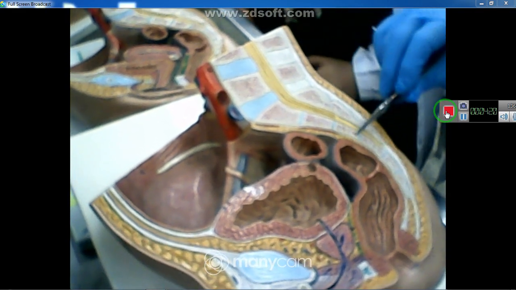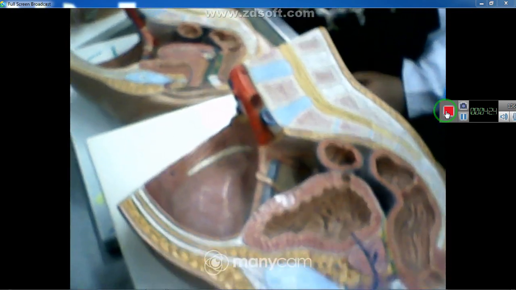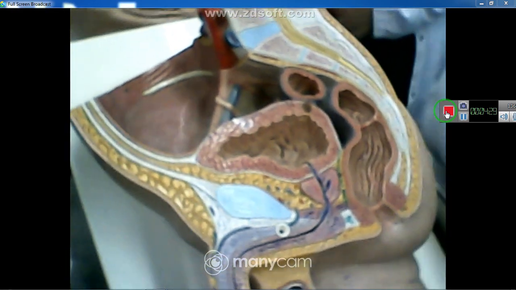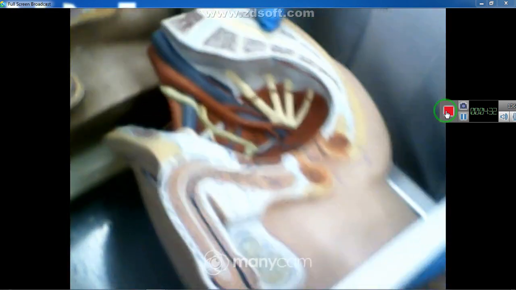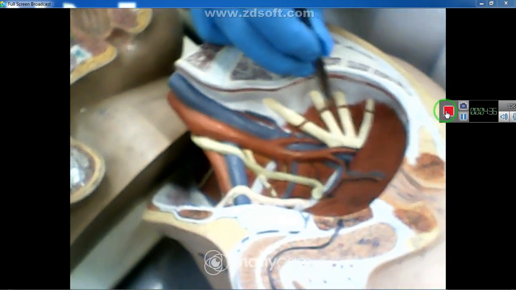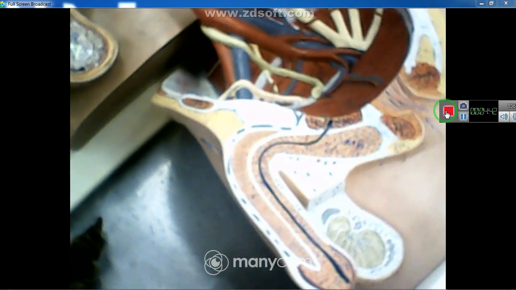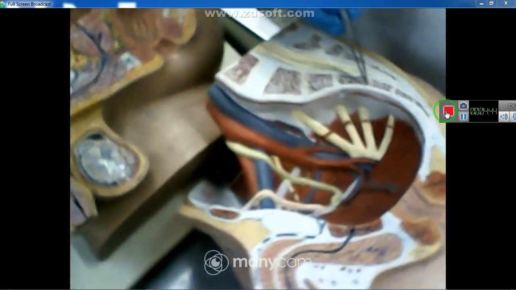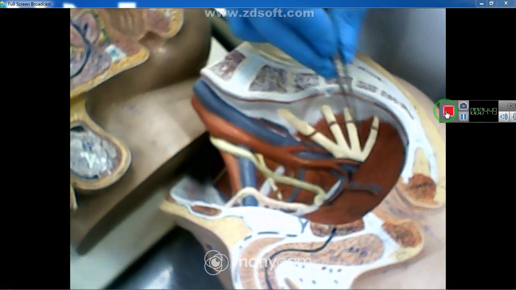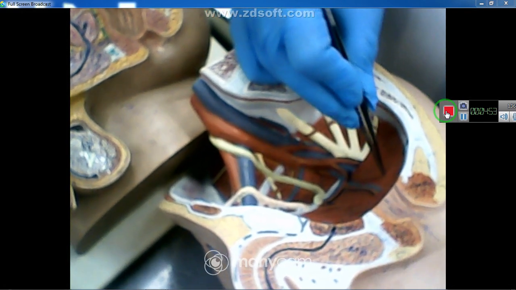In addition to these posterior relations, the sacrum, coccyx, and anococcygeal ligament, the back of the rectum is also related to, as you can see here, the piriformis muscle, coccygeus, and levator. Here, this is the position of the rectum. So it is related to coccyx, sacrum, and coccygeal ligament as bones and ligament. Muscles, which are piriformis, coccygeus, and levator.